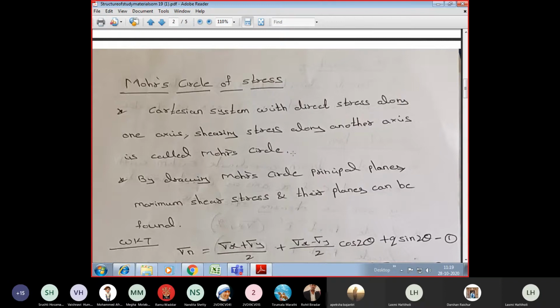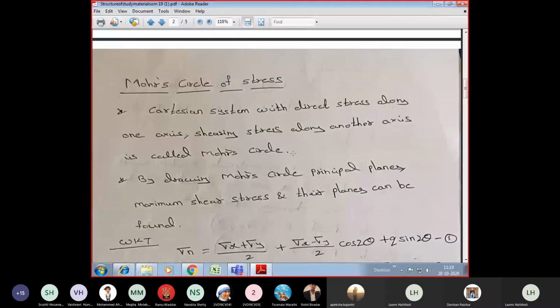So in a Cartesian system, direct stress is along one axis, here you can say the x-axis. In a two-dimensional stress system, you have sigma x and sigma y, for which we have already solved problems. Those are the direct stresses. They can be tensile, they can be compressive.